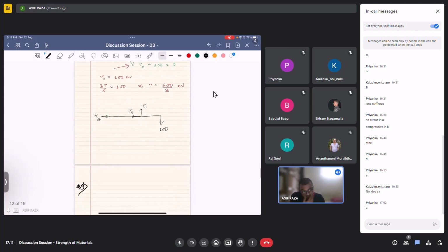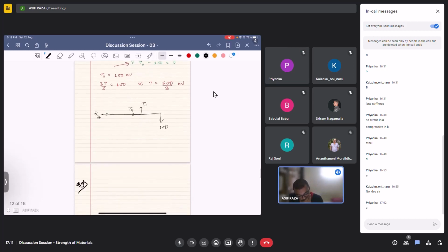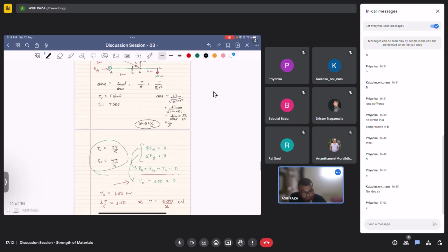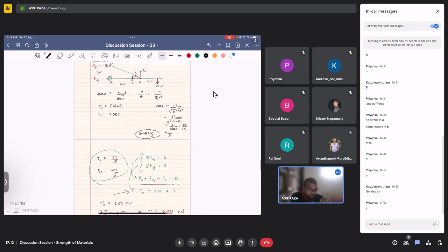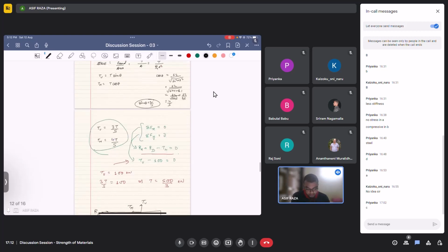Okay, so you're saying if you are taking with the moment, this is equal to 12 and this is equal to 4. Okay, I got it. What am I doing?